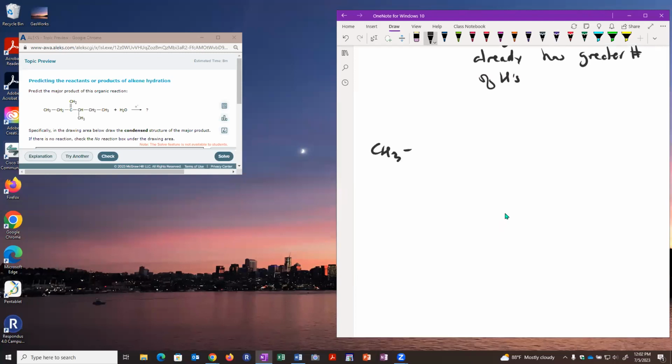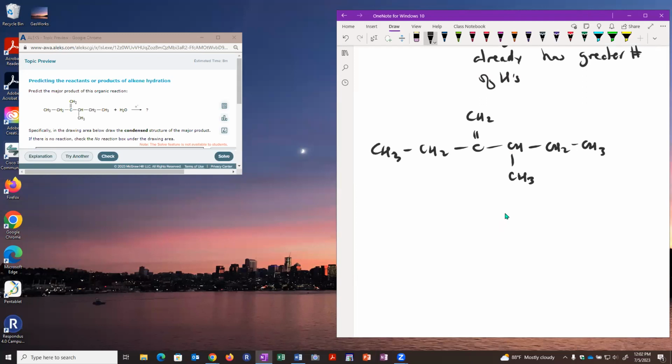So we have our initial alkene shown here. And this is a good example that shows you it's a fairly big molecule, but all the action really only happens in one location.